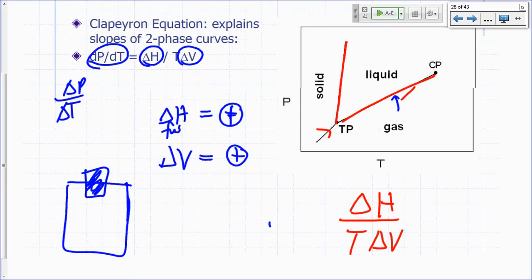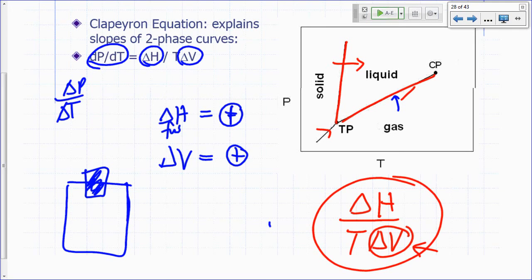It's steeper for solid going to liquid because your delta V is going to be a very small number. There's not much of a change in volume when you're going from a solid to a liquid. So a very small denominator would make the whole fraction a much bigger number. So this is very steep, right? You'll notice this is a very steep curve. Whereas this one is less steep.